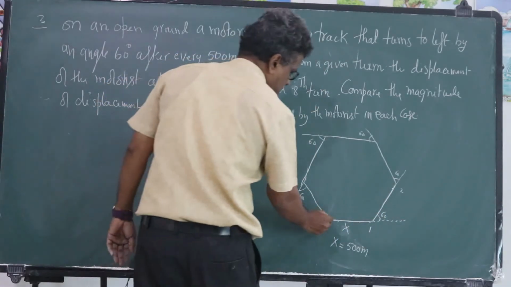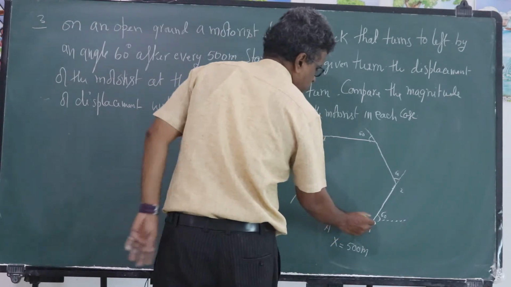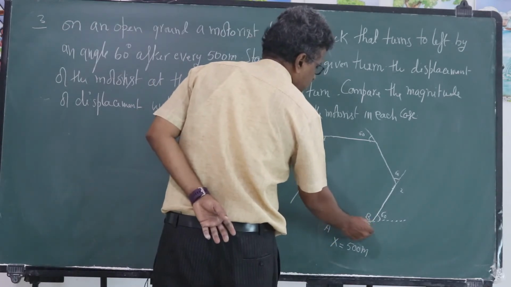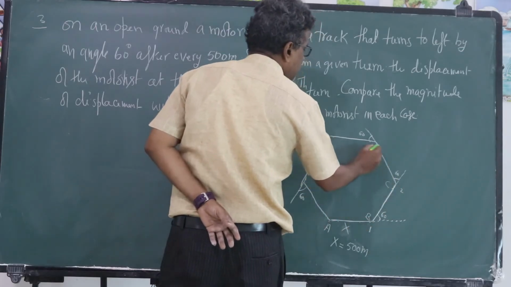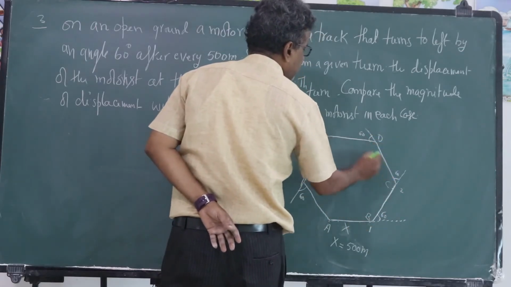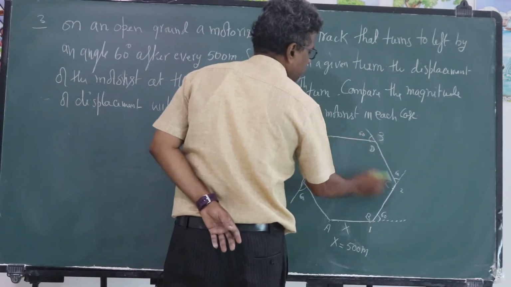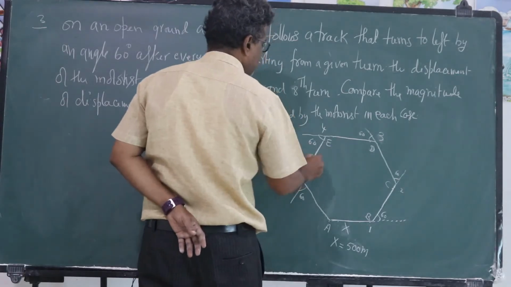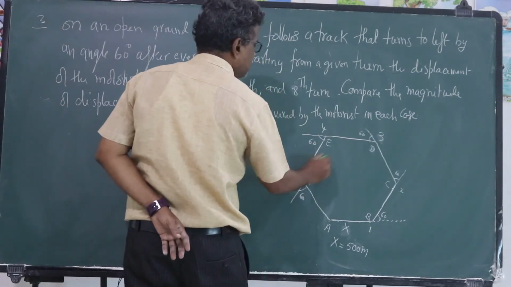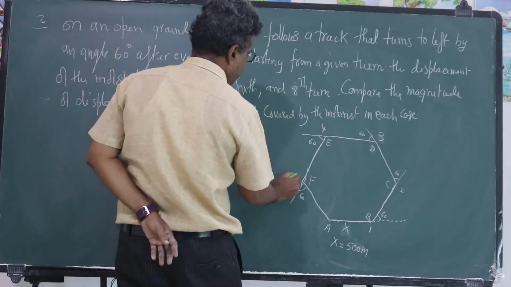So he starts from A, reaches point B, the first turn. He reaches point C, takes the second turn. He reaches point D, takes the third turn. He reaches point E and takes the fourth turn, then F and takes the fifth turn.